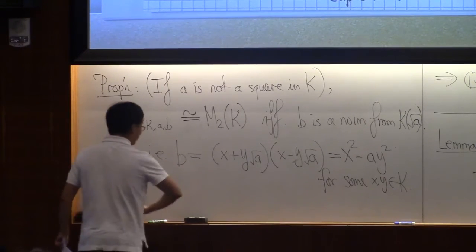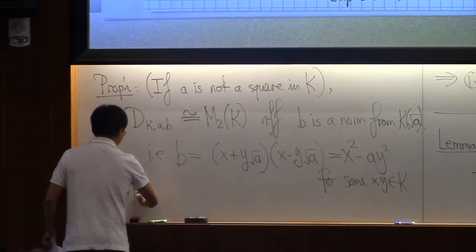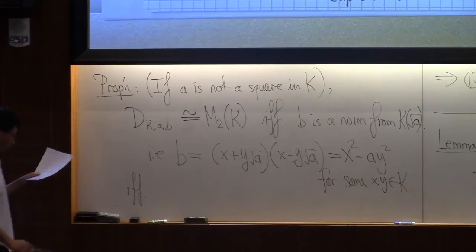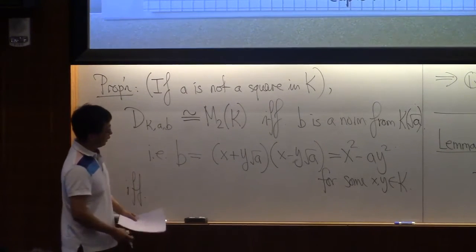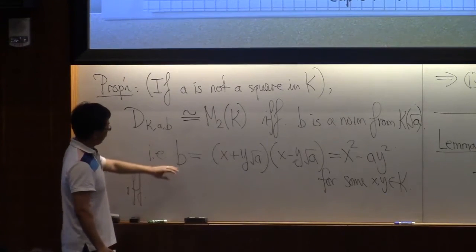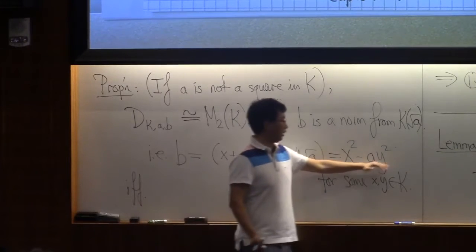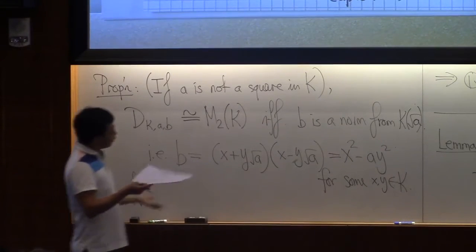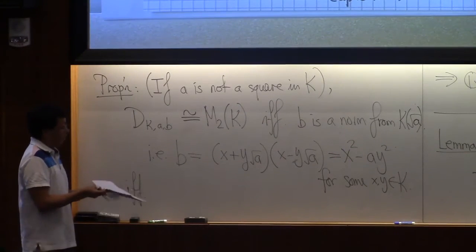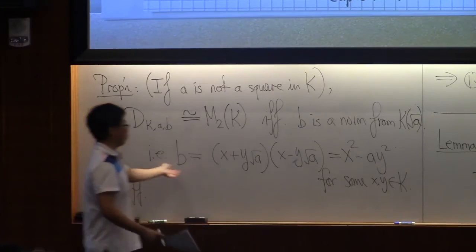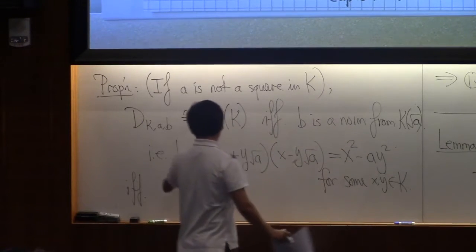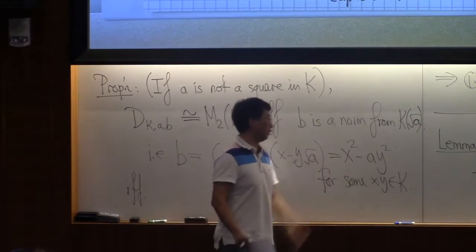And this is also equivalent. If you look at what we require here, we require that B equals X squared minus AY squared. Somehow we're missing a Diophantine-type equation that we try to solve for X and Y, that satisfies this equation B equals X squared minus AY squared.